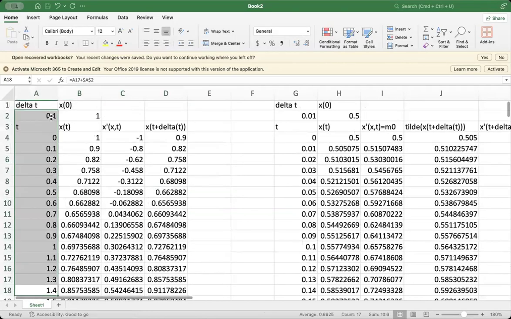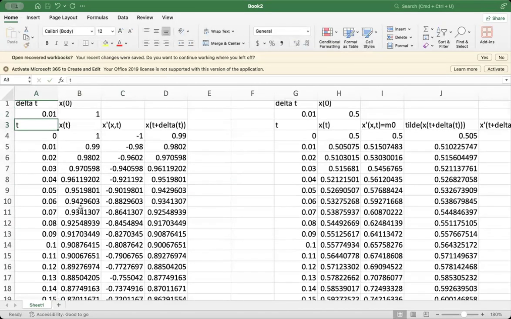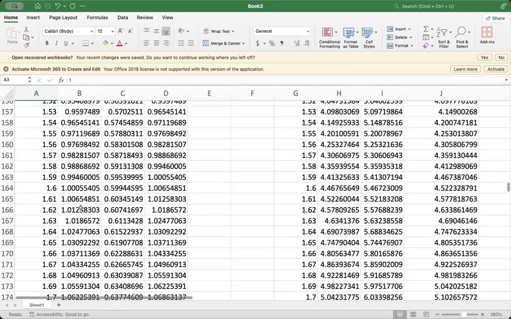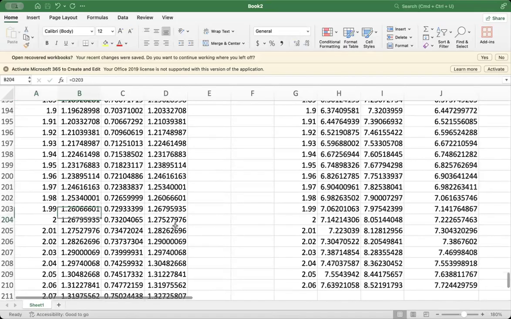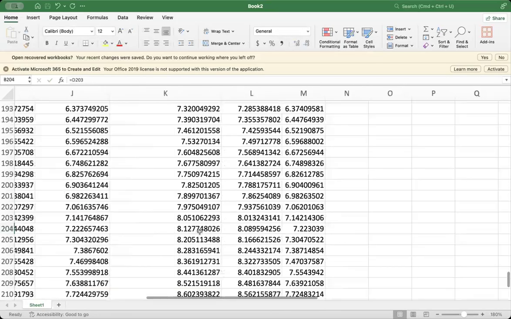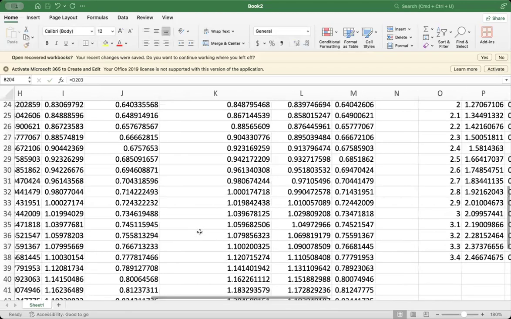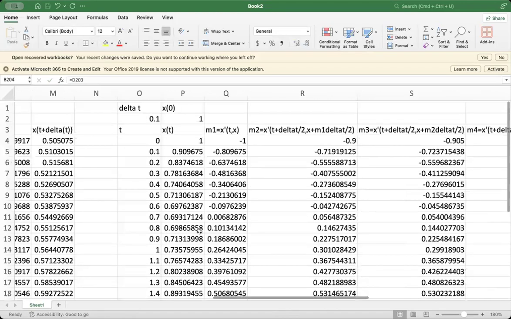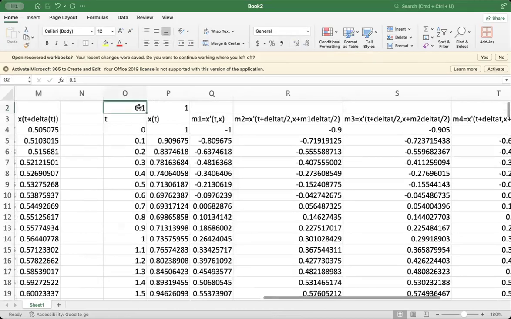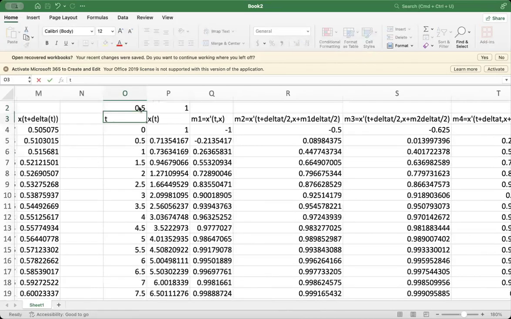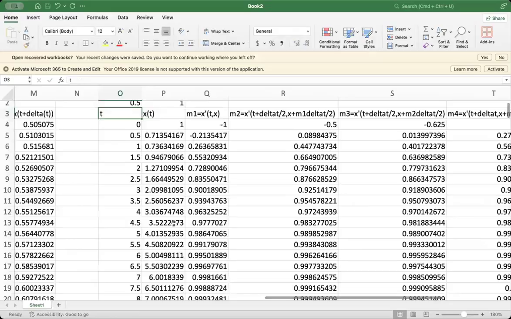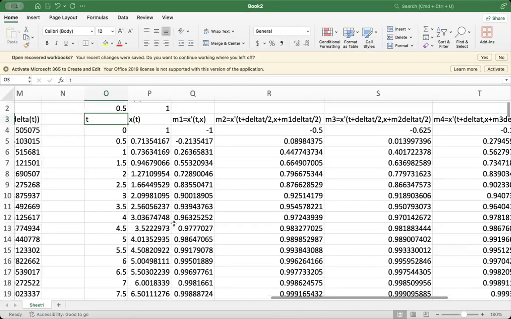But at 0.01, it gets all the way up to 1.267. The Runge-Kutta one can do that accuracy even using a step size of 0.5. It can beat that accuracy. I think the actual value is something around 1.27.